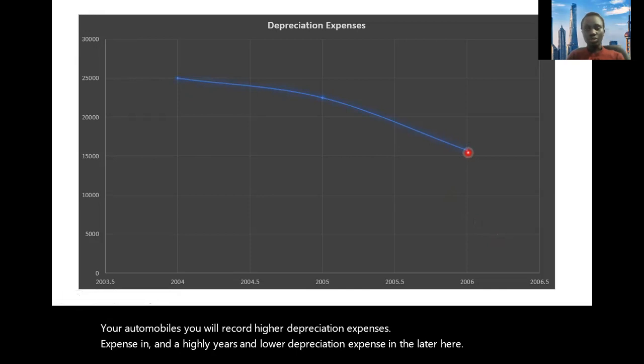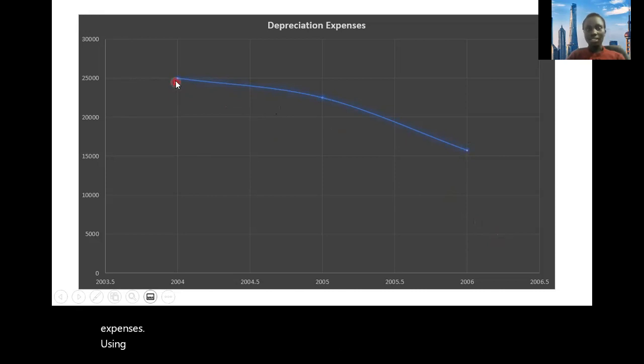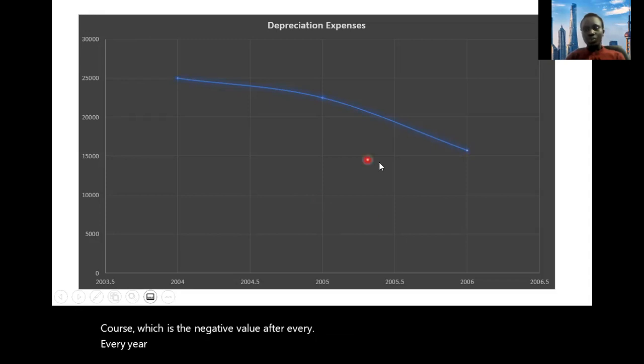As you go down, the depreciation expenses reduce. This is because depreciation expense using the declining method is calculated on the undepreciated cost, which is the net book value after every year. So this is the end of the video.